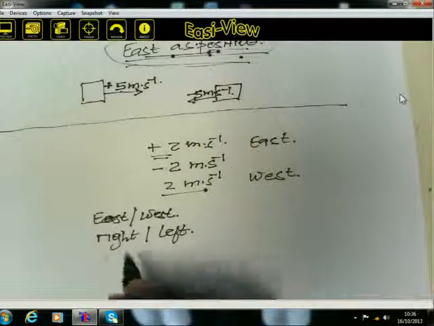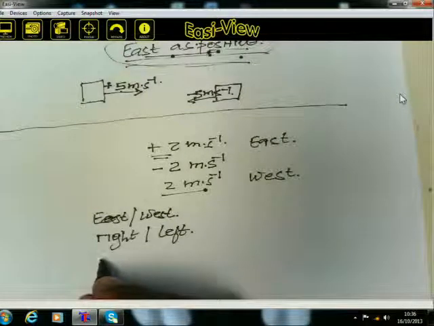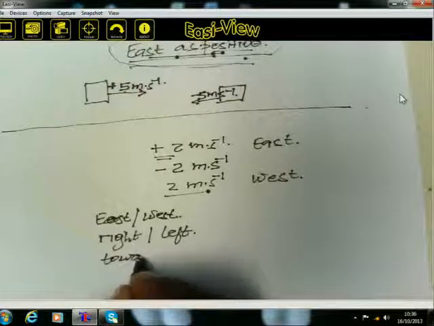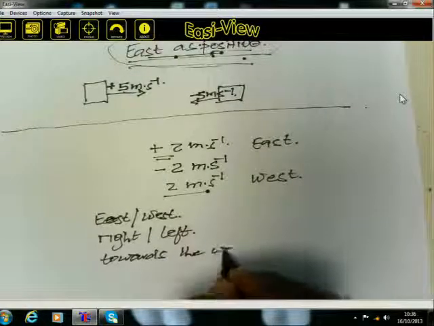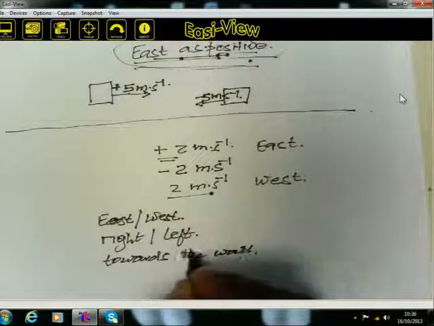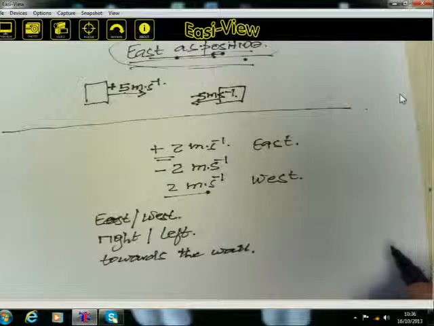The examiner can choose maybe the direction towards the wall or away from the wall.